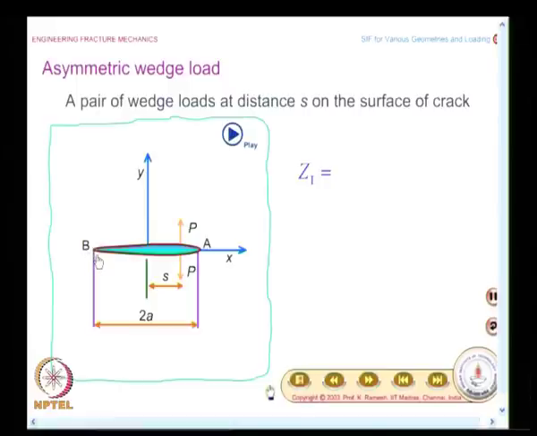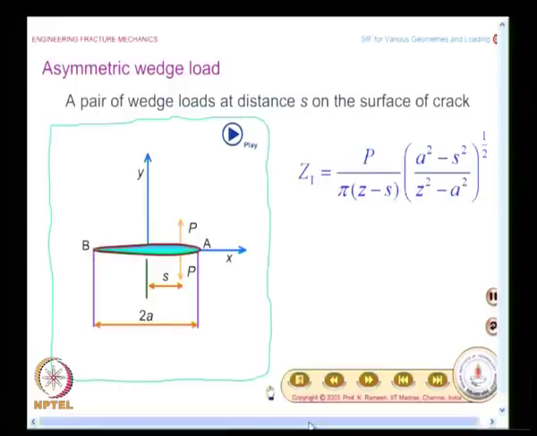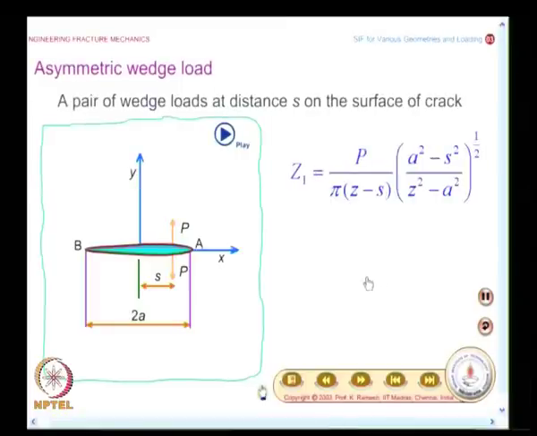So, obviously, the crack tip A will experience a higher stress intensity factor and crack tip B will experience a lower stress intensity factor. In fact, even this stress function was provided by Westergaard in his original paper, and you have the stress function given as P divided by pi into (z minus s) multiplied by (a squared minus s squared) divided by (z squared minus a squared) whole power half.